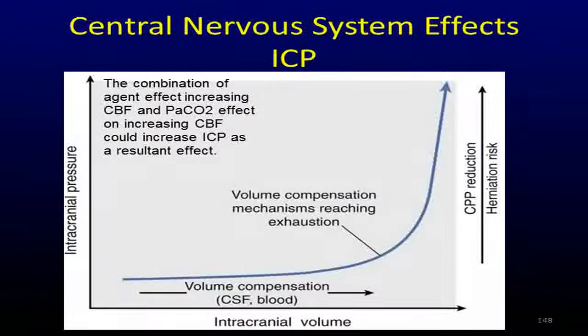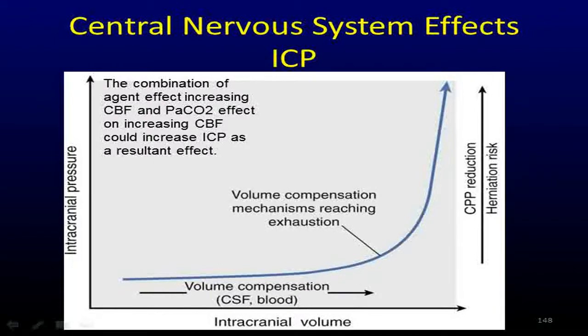Just a quick primer on ICP, because I had to add this for a couple of questions that had come up in the last classes. Because there are people like me that were OB. All I knew was birth and babies, nothing else. So ICP, this is a graph that some of you know, some of you don't, but you will. What it says is that as intracranial volume increases over time, at some point intracranial pressure is going to rise.